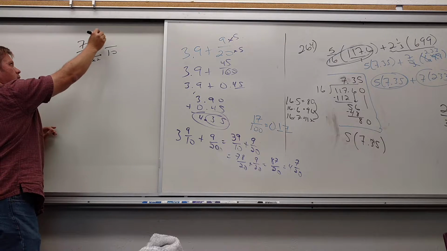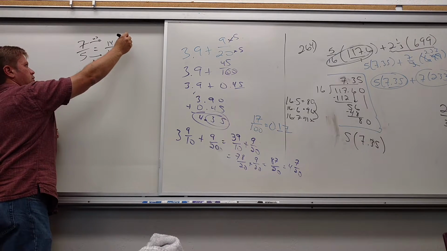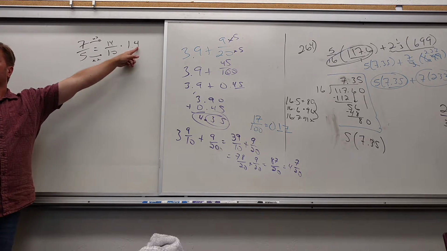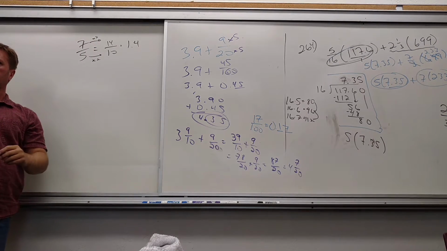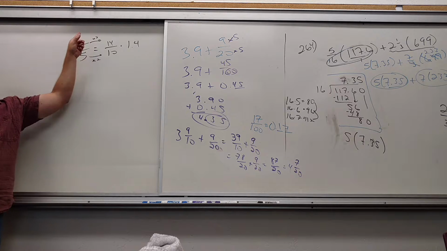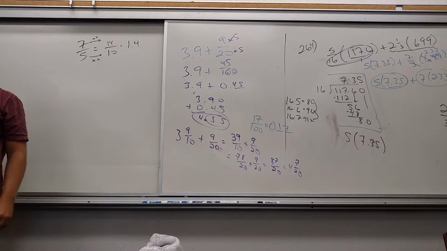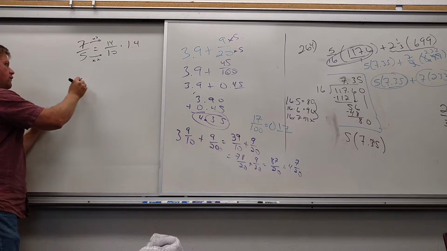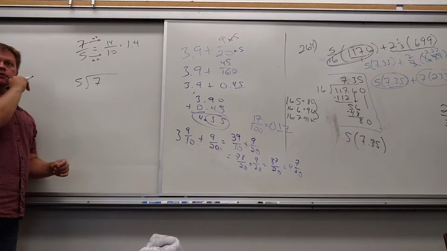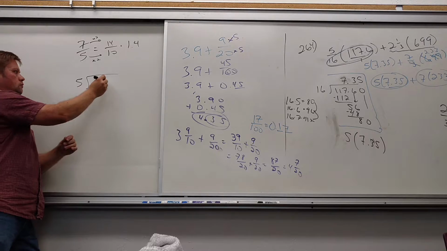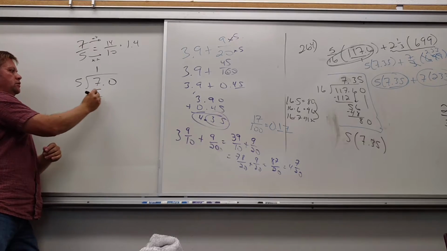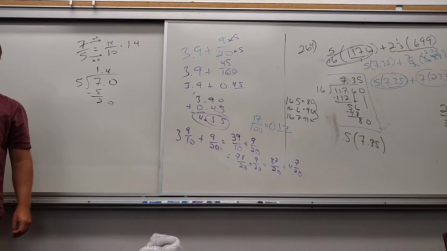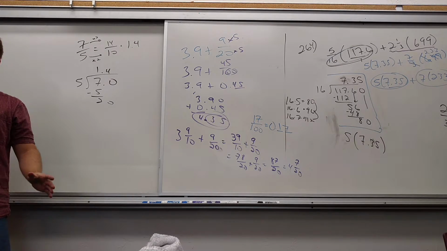This becomes 14 tenths, which is 14 divided by 10, so the decimal moves back: 1.4. But there's nothing wrong with doing 5 into 7; we'll get the same answer, 1.4. Either way is fine.